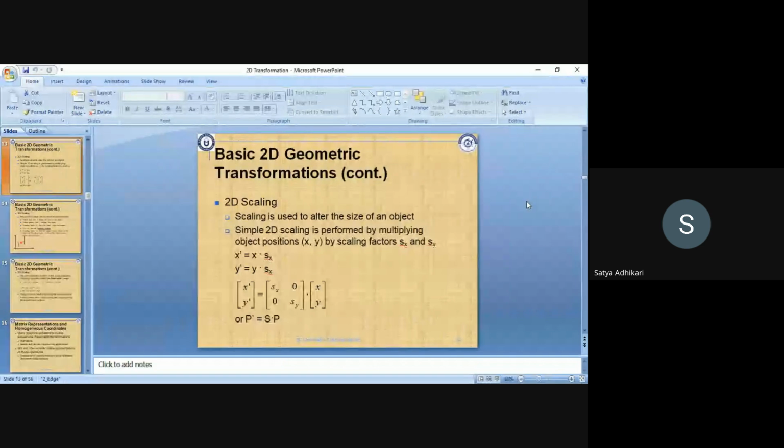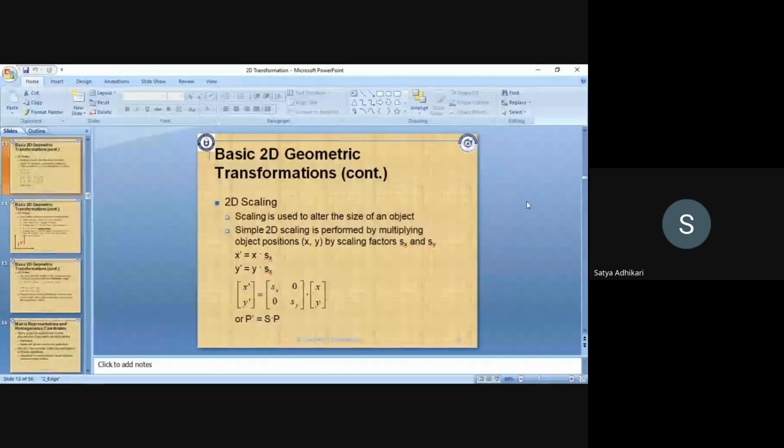In translation it was x plus tx and y plus ty. But in the case of scaling, we have to multiply the scaling factors sx and sy with the corresponding x-axis and y-axis values. So x dash becomes x into sx and y dash becomes y into sy.